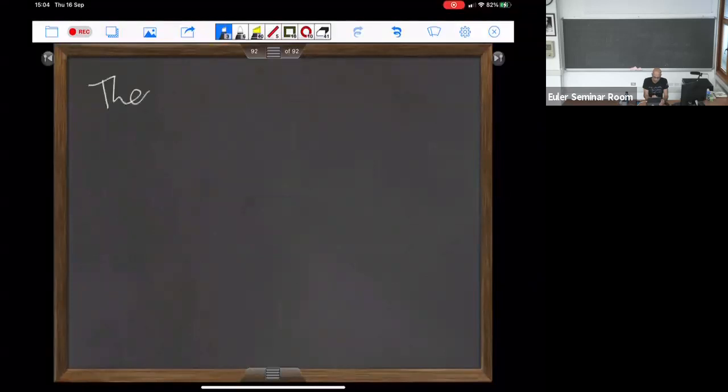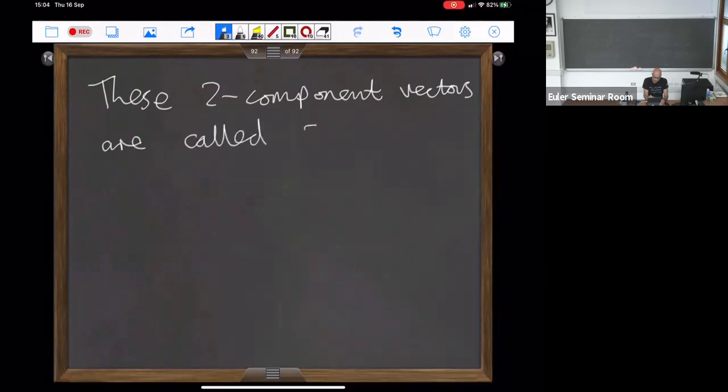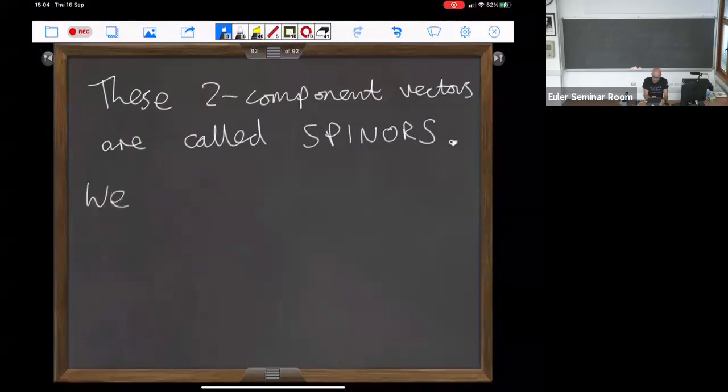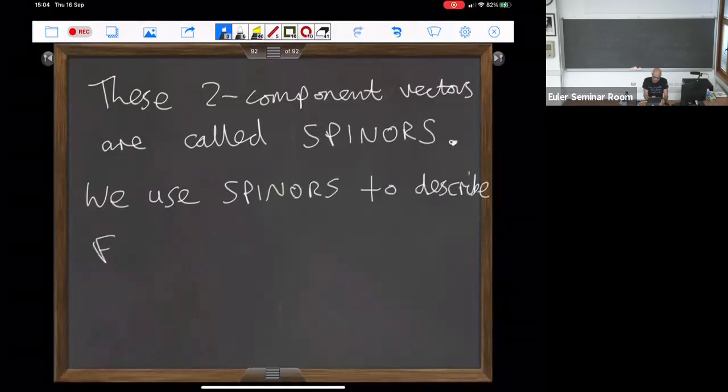So these two-component vectors have a name, and they're called spinors. And we use spinors to describe fermions.